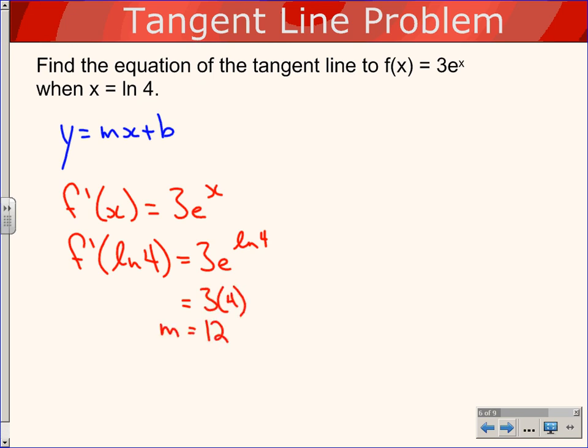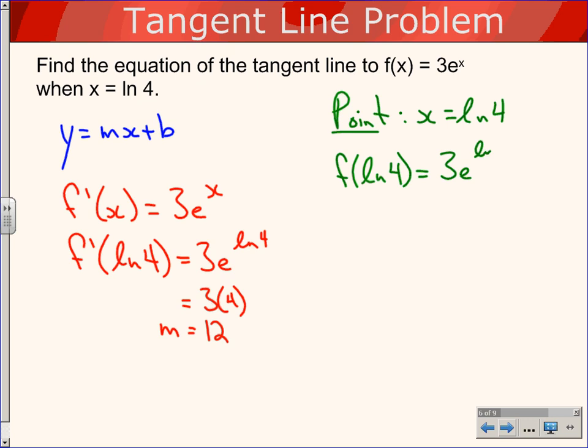So our slope is just 12, which is nice, way better than trigonometry, right? Nice answer for once. The other thing we need is the whole point, and we just have that x is equal to ln 4. So f of ln 4 is also 3e to the ln 4, exactly the same as the derivative, so that's 12 as well. So our point is ln 4 comma 12.